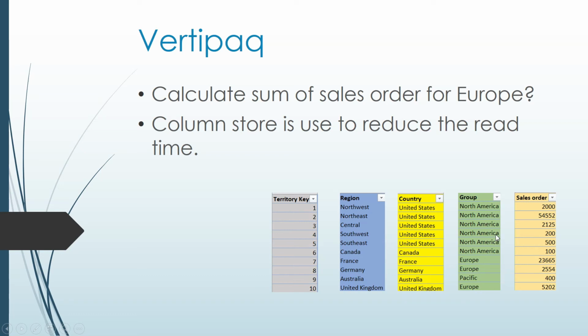So in two scans, we will get our answer. In this simple table, we need to perform a lot of scans and ignore those columns in which we are not interested. This makes the overall performance worse.